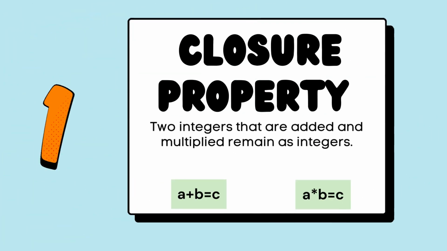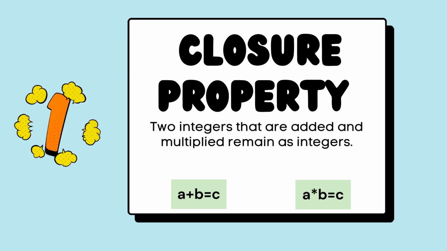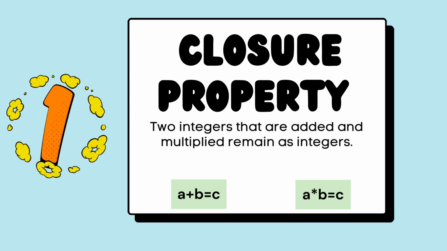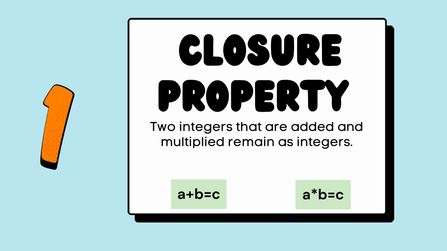So for the first property, we have the closure property. It states that two integers that are added and multiplied remain as integers. So, for example, we have A, B, C. A and B are integers. We can expect that C is also an integer.